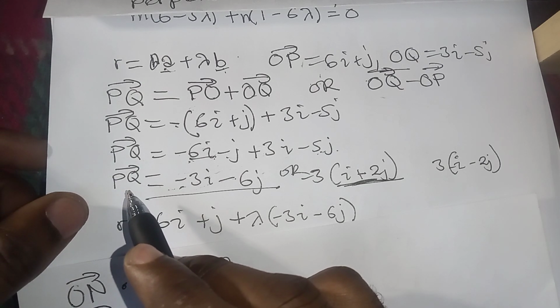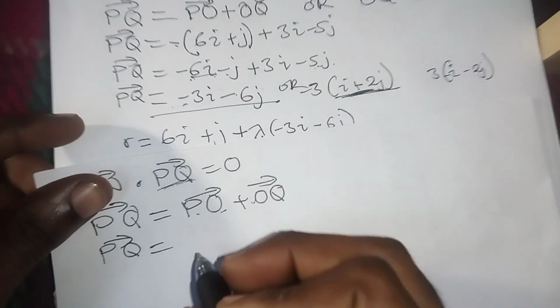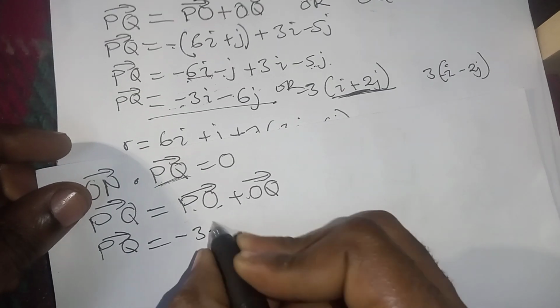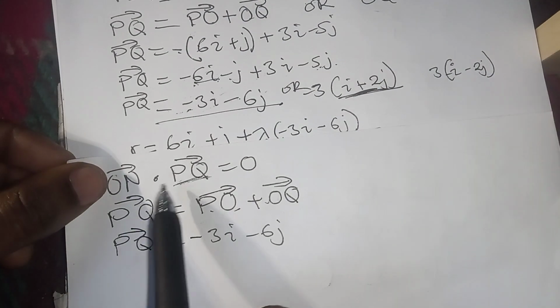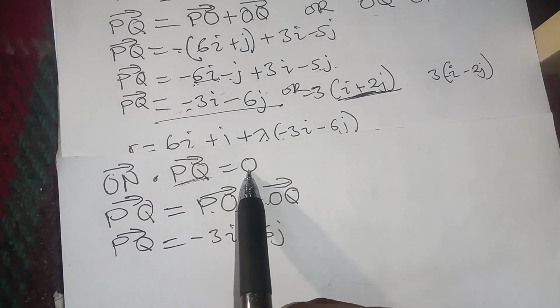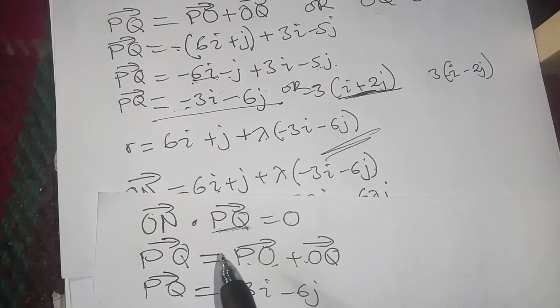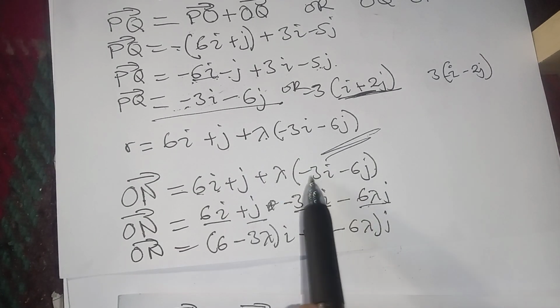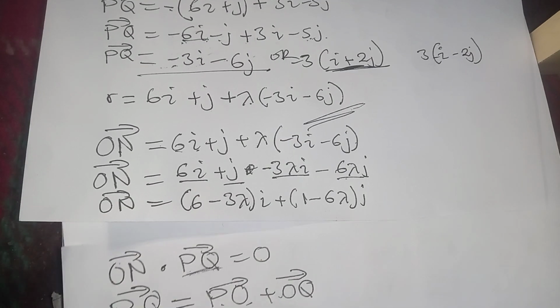This is our PQ here. So our PQ is negative 3i minus 6j. So all you need to do is multiply ON by PQ and then equate this to 0. This should give you the value of lambda, which you can substitute here to find the position vector of ON.